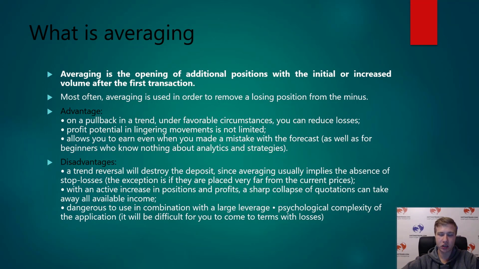That is, to open a very large lotage, and accordingly, using the technique, we of course average the deal, open additional lotage, but if there is strong volatility, then we simply will not be able to average further, and all our transactions will close at a loss. This will completely destroy our deposit.